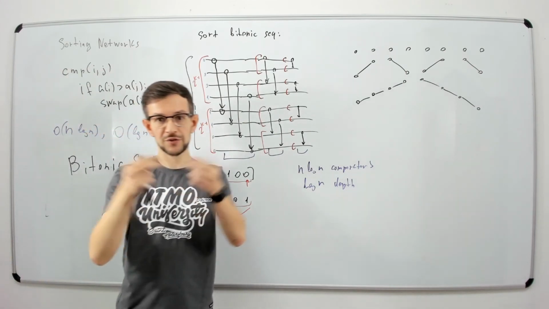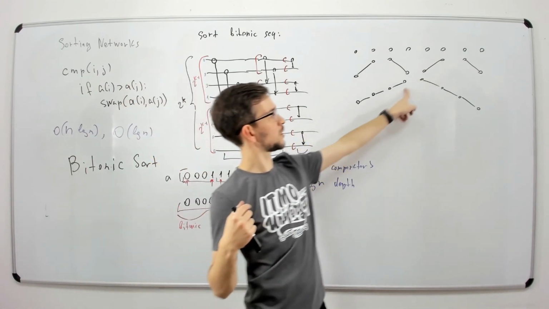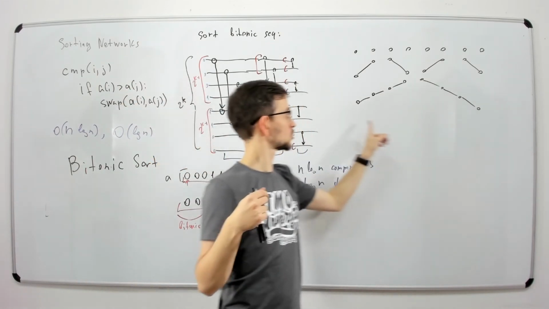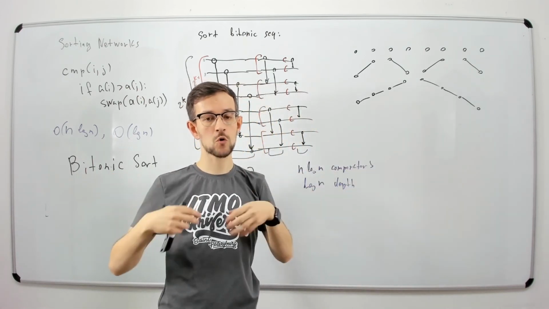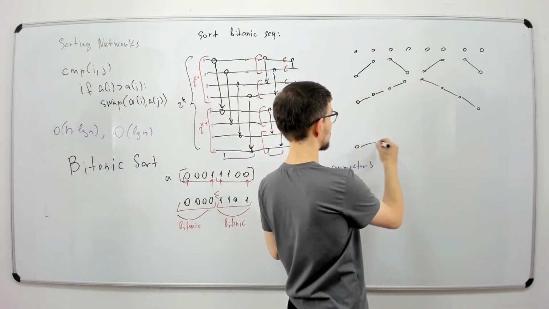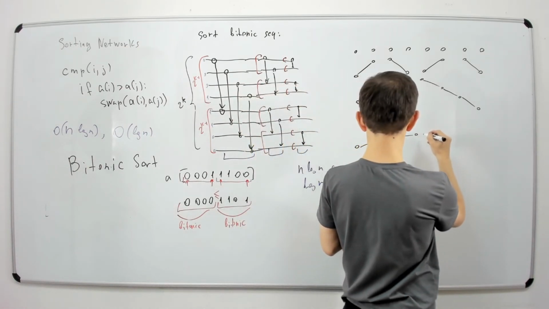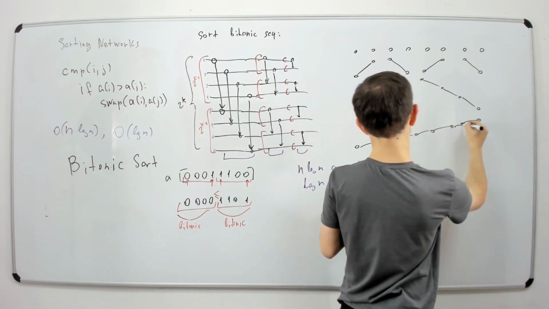And now the whole array is Bitonic, because in the whole array we have some increasing sequence and then decreasing sequence. So the whole 8 elements are a Bitonic sequence. So we call Bitonic sort on the whole array and sort the whole array in increasing order.